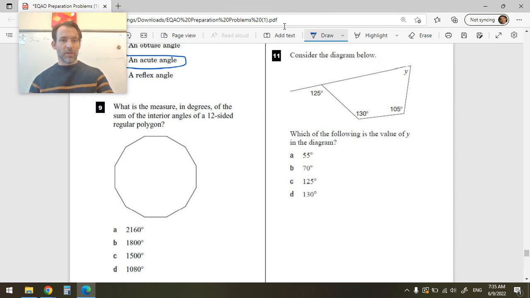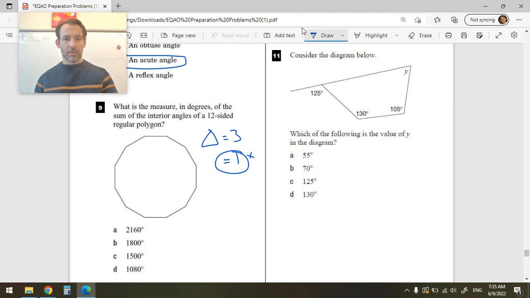Okay. Now remember, with these 12-sided shapes, or however many sided shapes, let's say a triangle is 3 sides, and it's one triangle. Okay, so it's 1 times 180. A square, or any 4-sided shape, can be divided into 2 triangles.